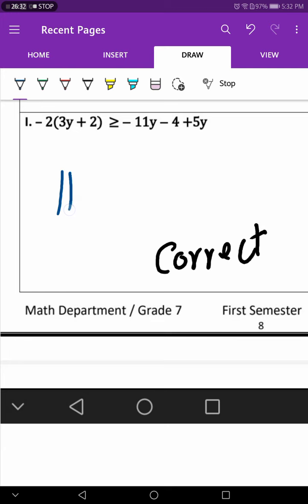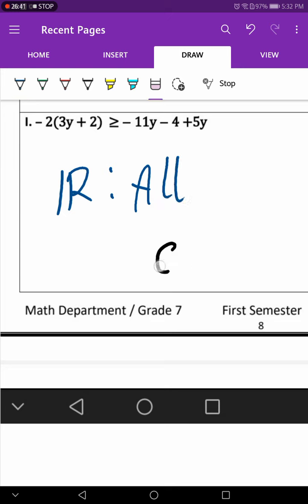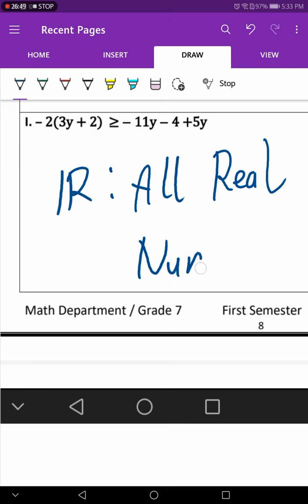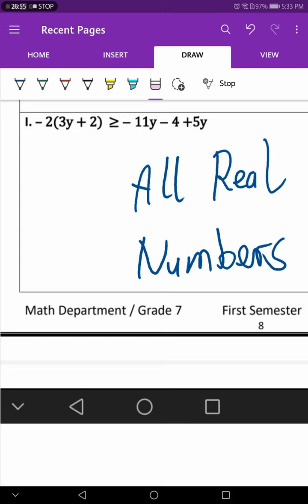So R, you can write it like this, or you can write all real numbers. The solution is all the real numbers.